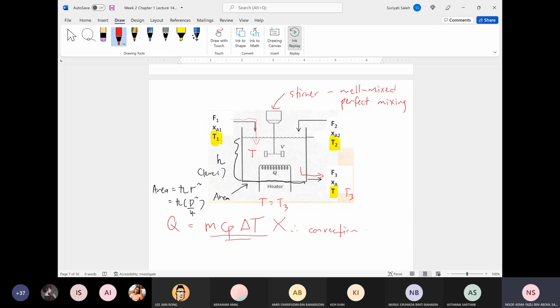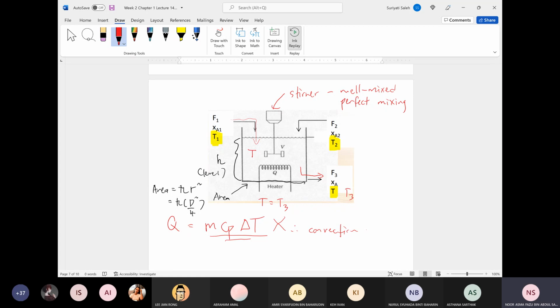This means if your inlet is higher than the flow rate exiting the system, theoretically the level will keep increasing against time. In the end, it will overspill. The liquid exceeds the maximum level, the maximum capacity, and becomes overspill.